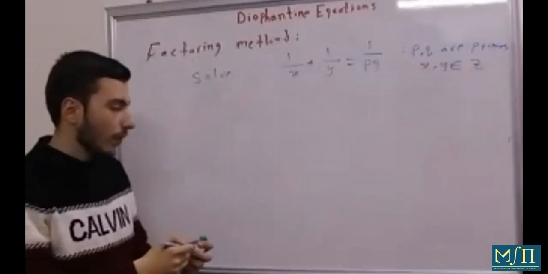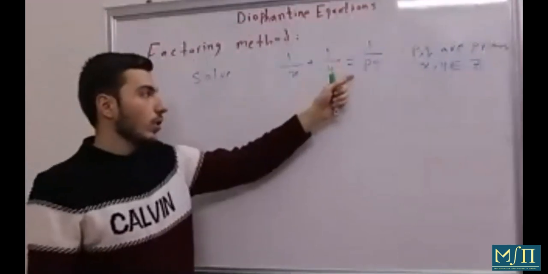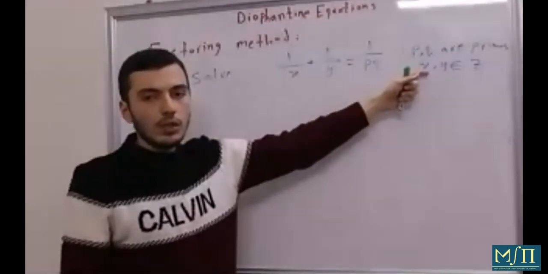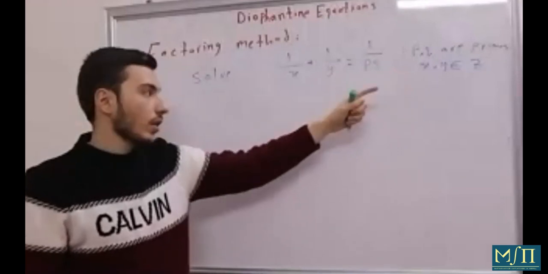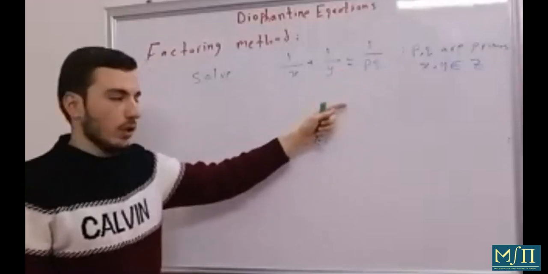So we need to solve the following: 1 divided by x plus 1 divided by y equals 1 divided by p times q, and p and q are primes, and we'll solve it on integers. So I'll give you 1 minute, try it yourself, and then we'll solve it. Okay, so try this.